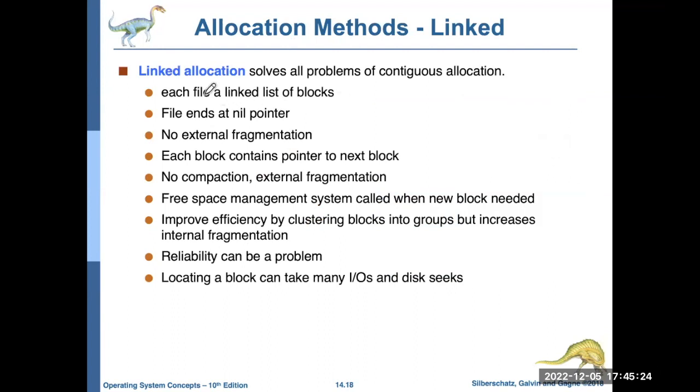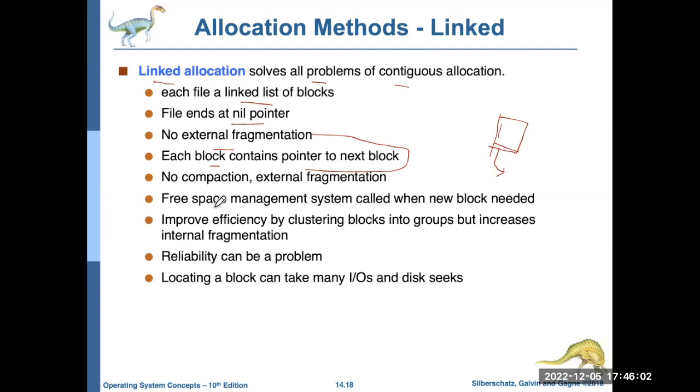Now, the second method is linked allocation, which solves all the problems of contiguous allocation. Each file is a linked list of blocks. Each file ends with a nil pointer, and there is no external fragmentation because the blocks are scattered. Each block contains a pointer to the next block. In each block we have data, and the last section within it is a pointer to the next block.